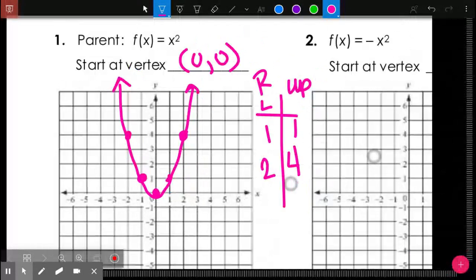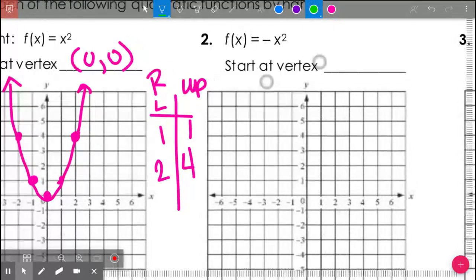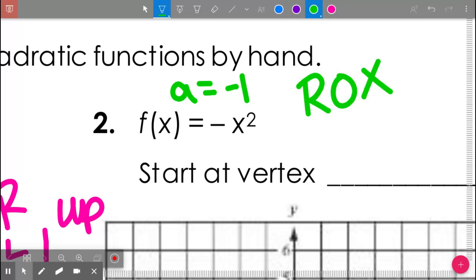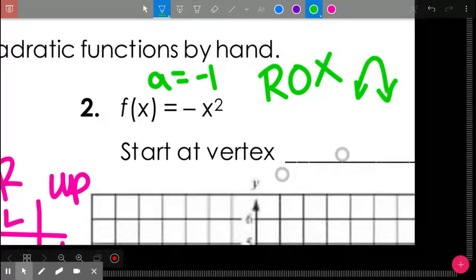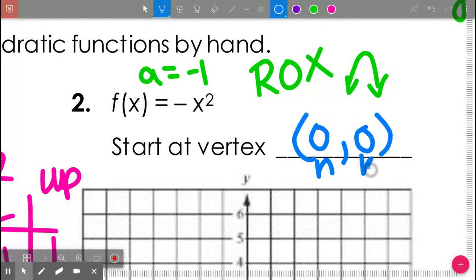Okay, so here for my number 2, notice that my a value is -1. So that is going to give me a rhox, a reflection over x. So my parabola is going to open down like a frown. So I'm going to start at my vertex, which is 0, 0. My h and k from my parent are still the same.